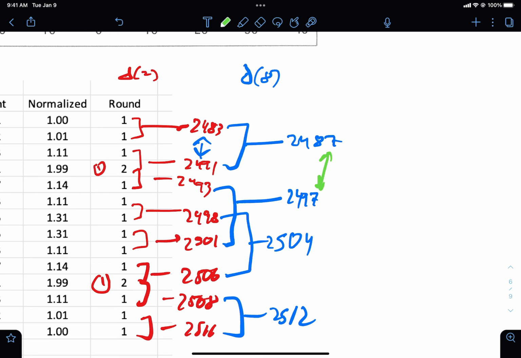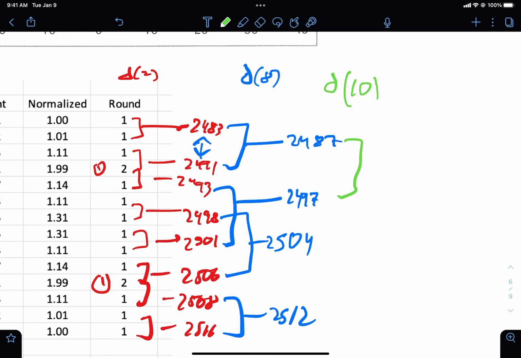So we're looking at 1-to-1, so another doublet. Doublet separated by 10 is what we're looking for. So these are a doublet separated by 10, and I'll just write that in here. We're splitting a doublet separated by 10. So 2487 is a doublet of 10.